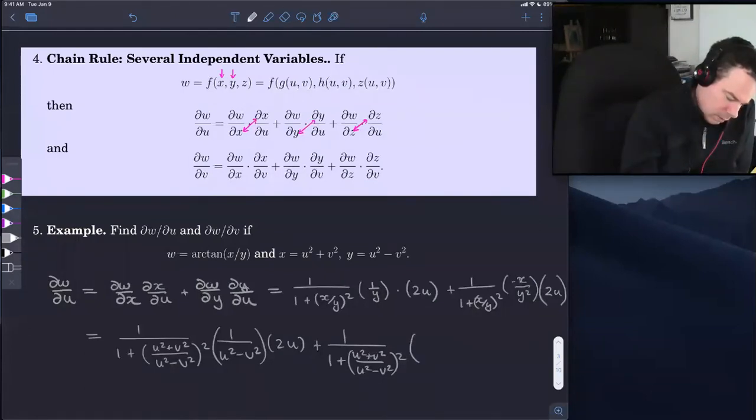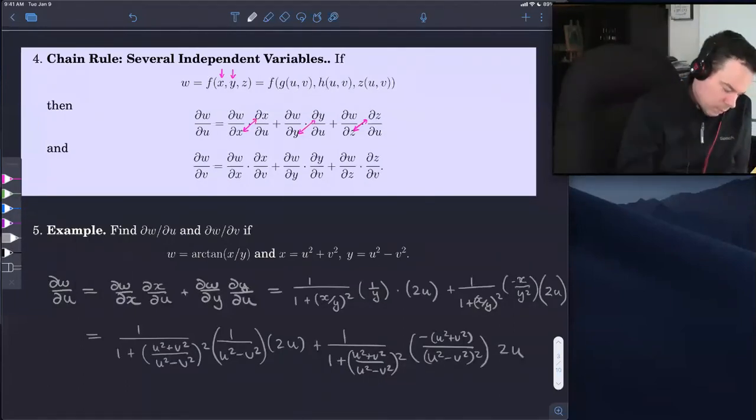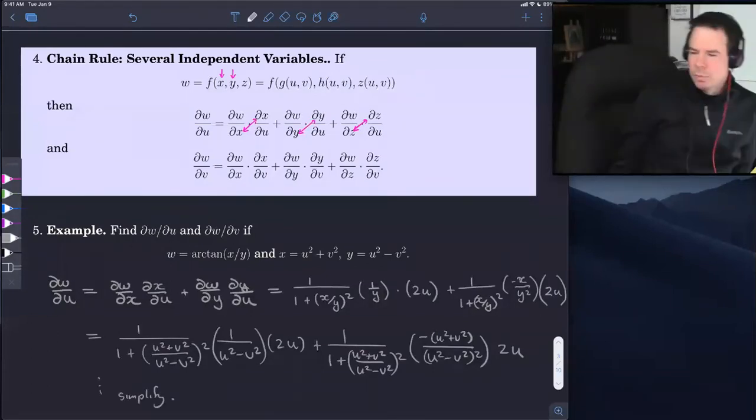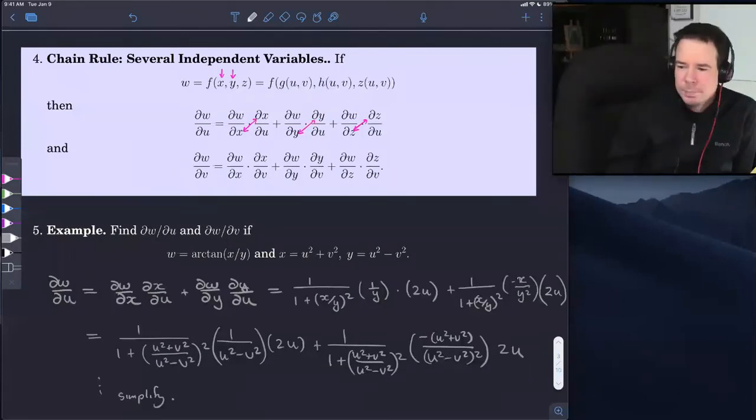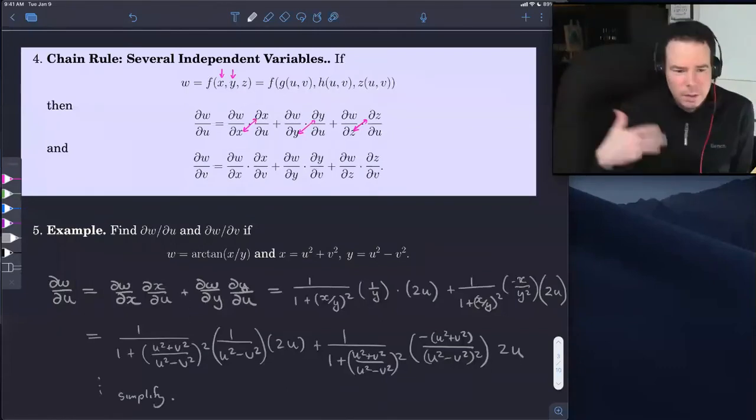Negative x is negative (u squared plus v squared) over y squared, (u squared minus v squared) all squared, times 2u. And we could try simplifying, but I'm going to leave it here because it's the calculation that I'm interested in, not the simplification. Okay, so this is the cadence that we have.